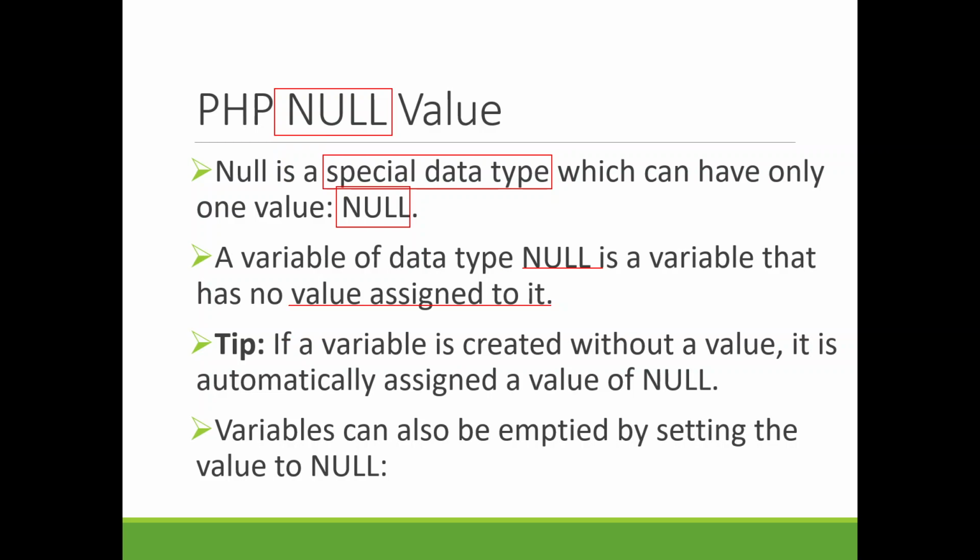Now, just to let you know, anytime you create a variable and you don't assign it a value, then it is automatically assigned a value of null. You can also empty a variable by assigning it a value null.